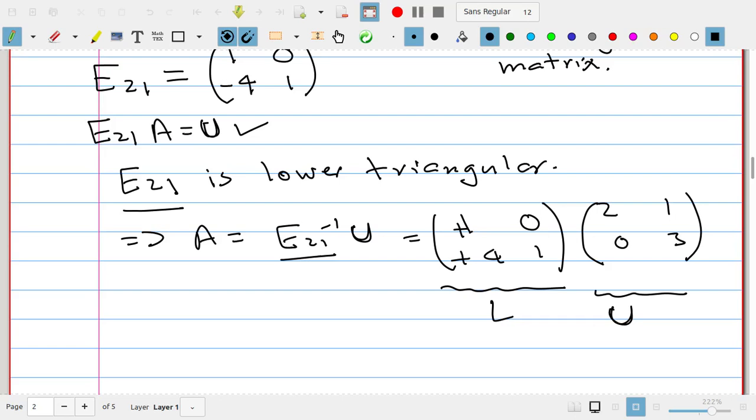This method works only because the inverse of a lower triangular matrix is a lower triangular matrix, and also because the product of two lower triangular matrices is a lower triangular matrix.